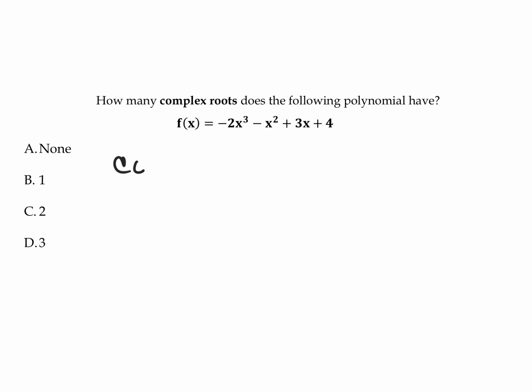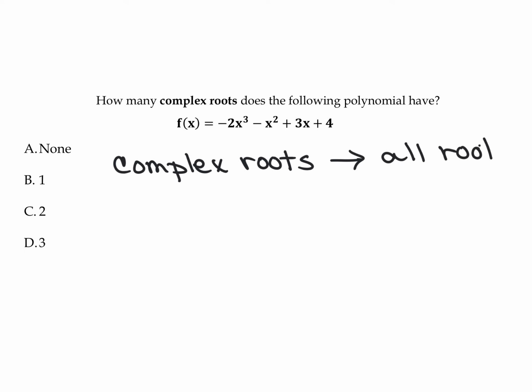When you are asked this question, complex roots means that we want all roots, the total number of roots, which is the real roots and the imaginary roots put together. So how do I find the complex roots?